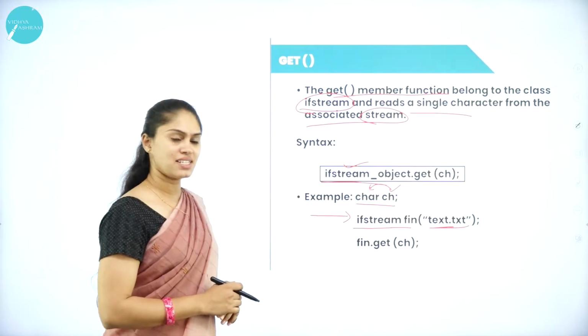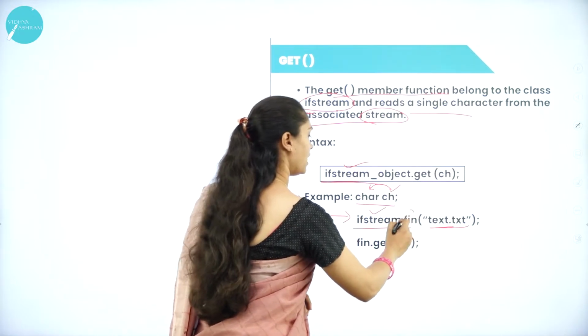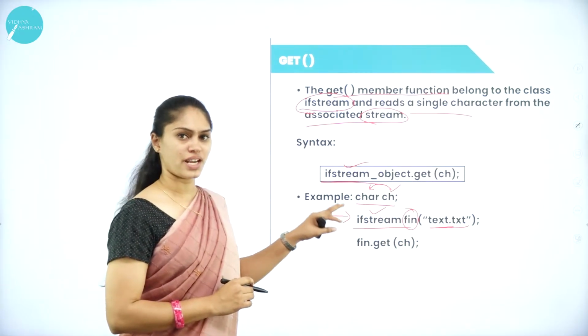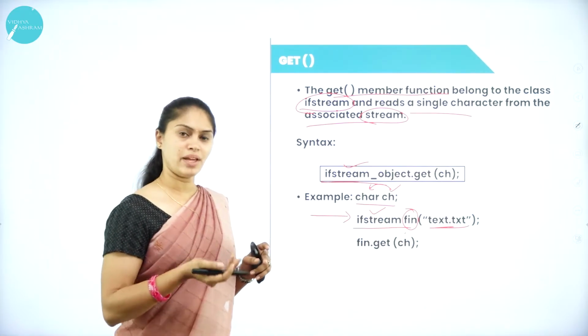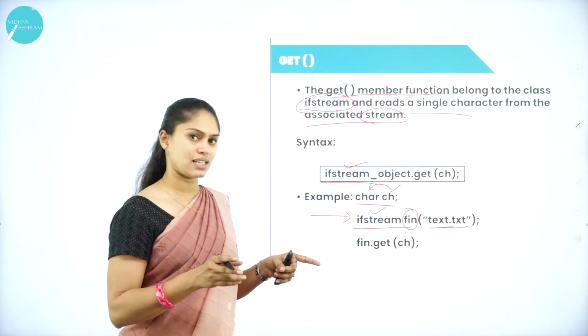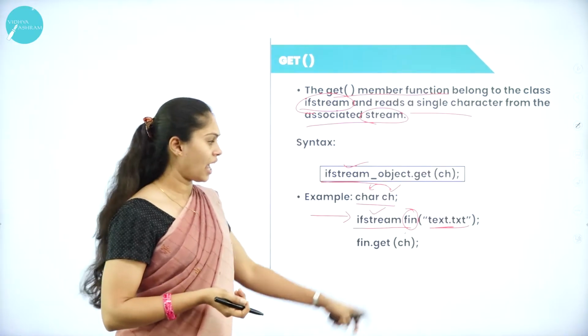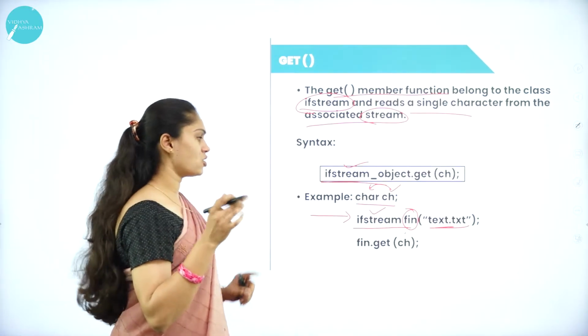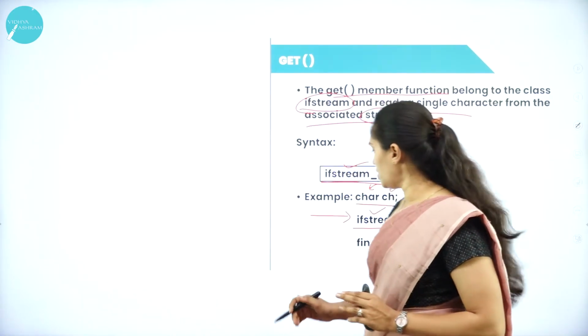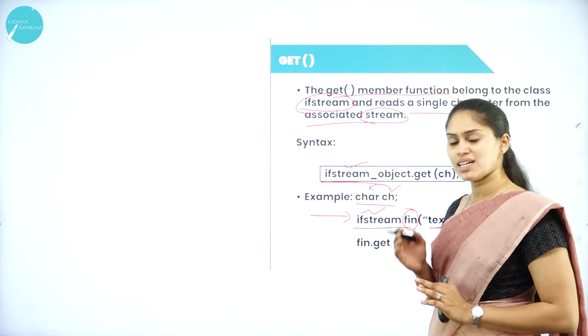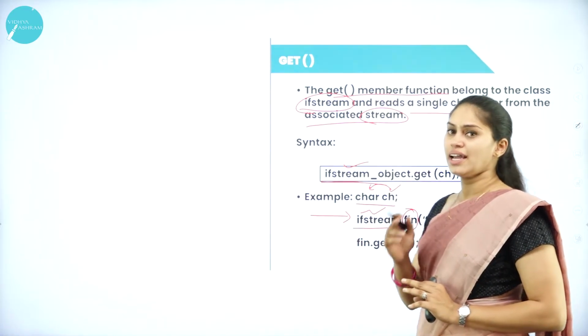What is the class here? ifstream is the class and fin is the object name. When I create this object, the constructor will be called. What do I send within that constructor? In order to open the file, I am sending the file name. Getting? Then how do I access the member function of a class? We already know ifstream is a class, and I have an object called fin.